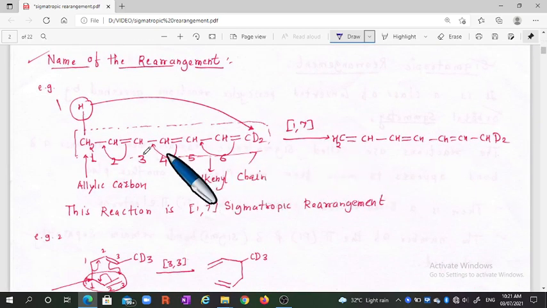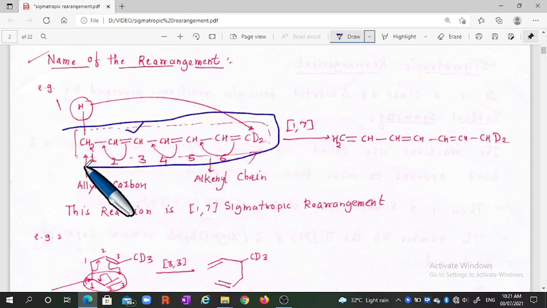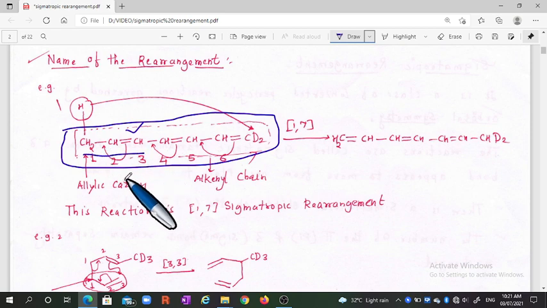This is another type of reaction. It is also a sigmatropic reaction, where this group is the alkenyl group. That total group is considered as the alkenyl chain, and this is the last CH. Such a grouping is nothing but the allylic group.